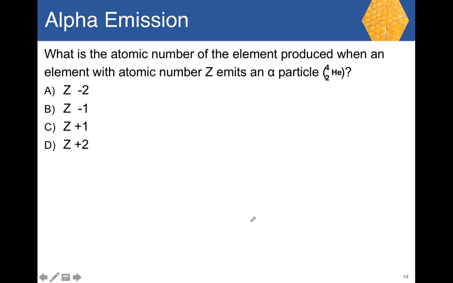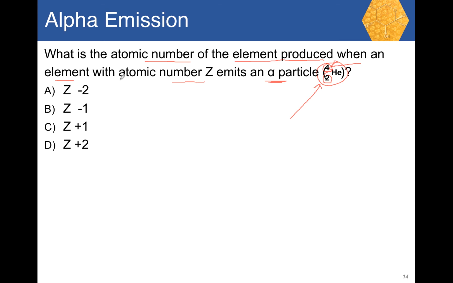Let's see if we can apply this question a little differently. What is the atomic number of the element produced when an element with an atomic number Z emits an alpha particle? Here's the alpha particle, 2 and 4. This number here corresponds to the atomic number, and this number here corresponds to the mass number.